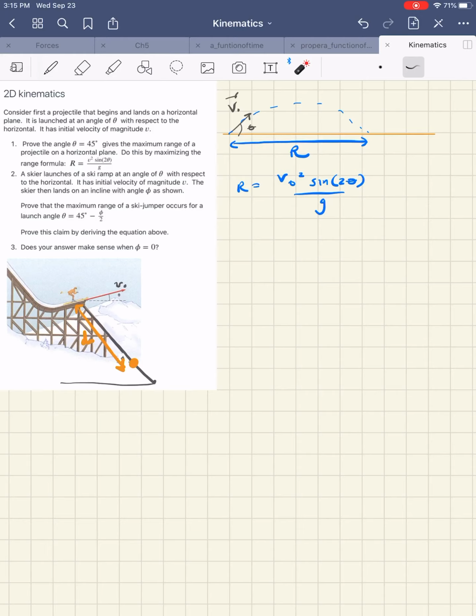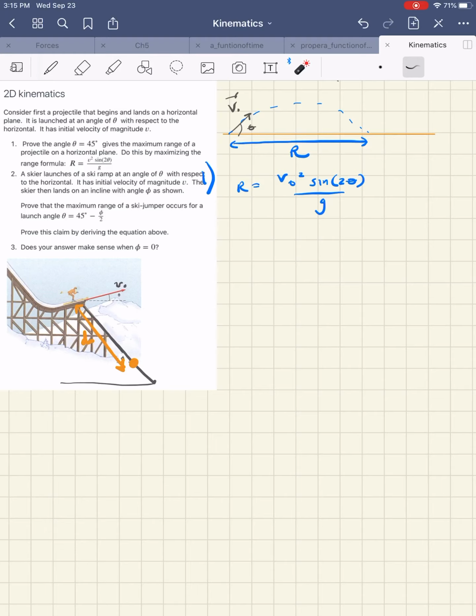And the first part of the problem says, for this problem, which is just a projectile on the ground, landing on the ground, prove that the angle theta equal to 45 degrees gives the maximum range of a projectile.